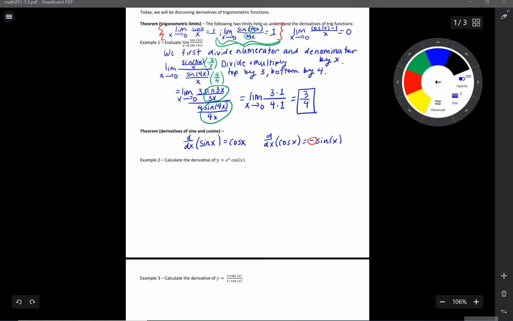So let's use these derivatives and the product rule in order to do number 2. So we want to calculate the derivative of e to the x times cosine of x. Well, I have two terms that are being multiplied together, so I need to use the product rule.